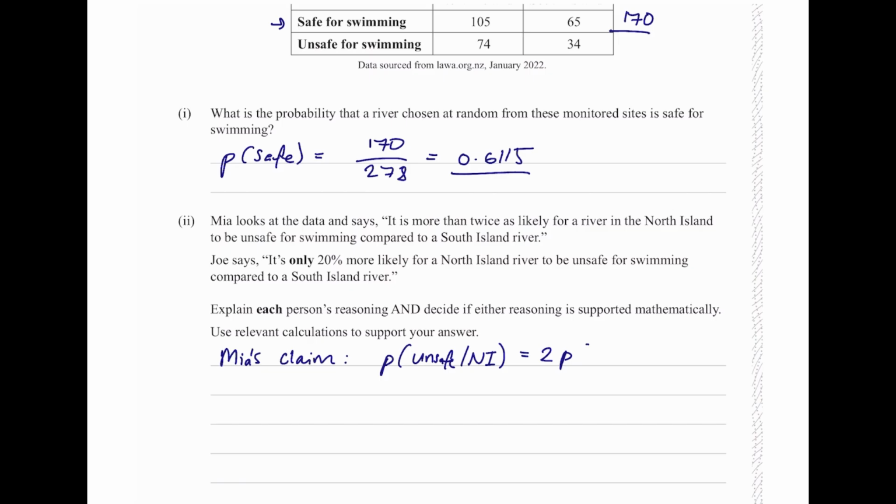So this is the probability that it's unsafe, given that we're in the South Island. Now, what can we do here? We can rearrange this and find a relative risk. That is the probability that we're unsafe, given that we're in the North Island, divided by the probability that we're unsafe, given we're in the South Island, should be double, right, or 2.